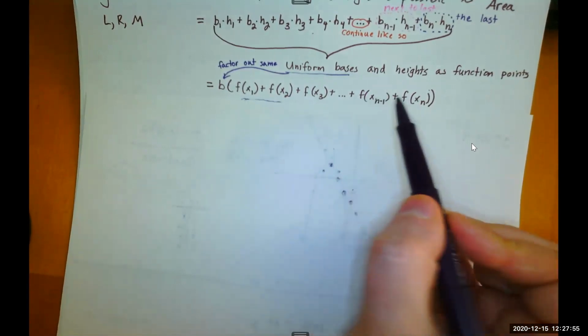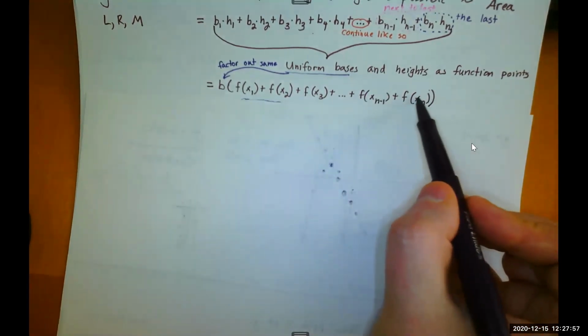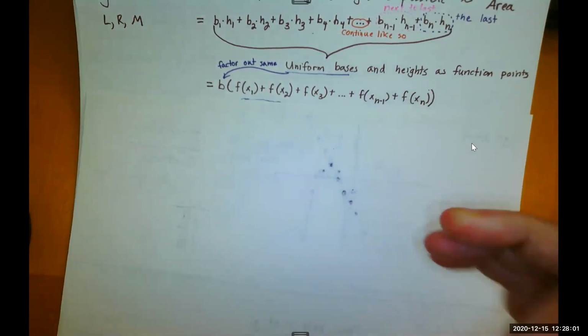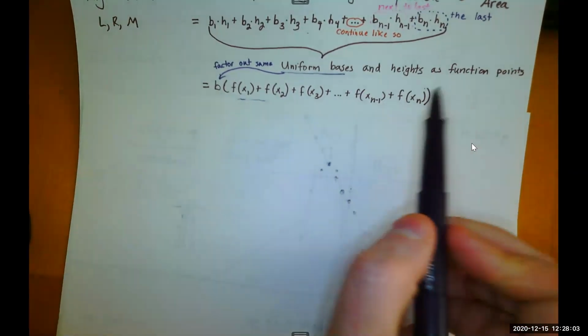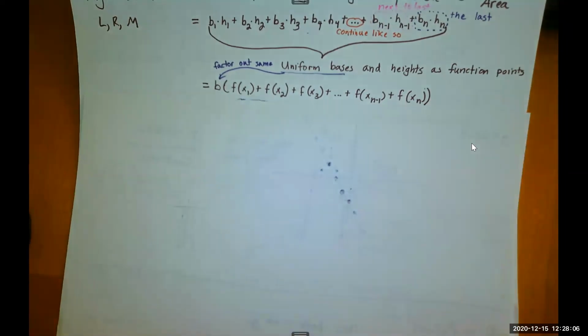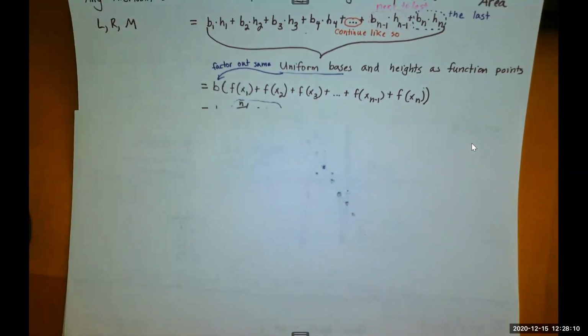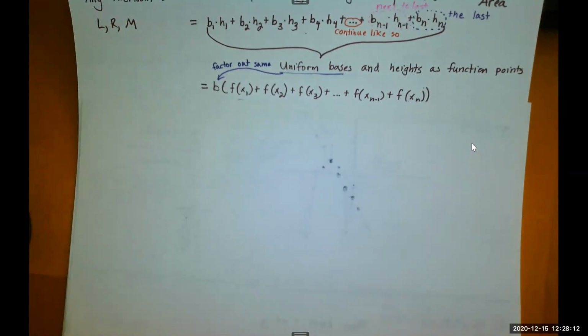So if we were going out 75 terms, this would be x sub 75, the x value on the 75th subinterval. And this would be 74, literally 75 minus 1. So we keep doing that and doing that. And we want no error. We want exact area.